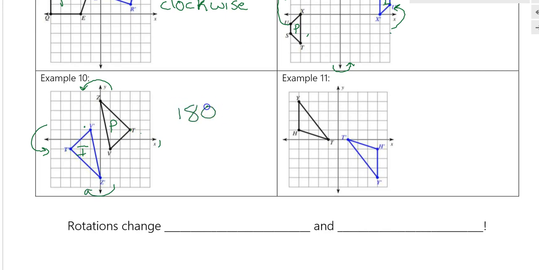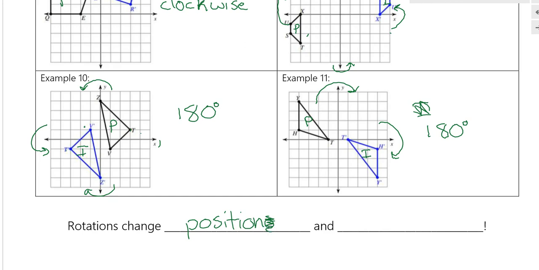But this is 180 degrees rotation. In example 11, same thing. It jumped 2 quadrants. That's 180 degrees rotation.